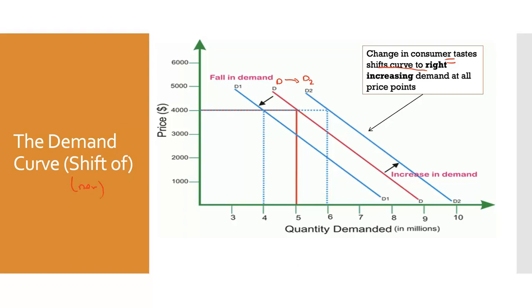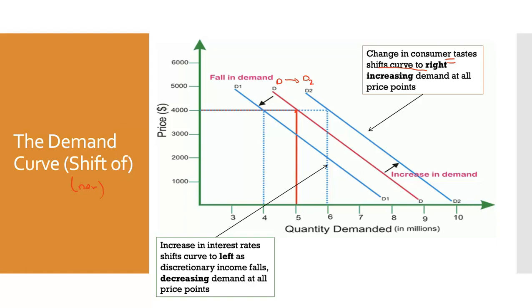So what does this mean? At the price point of $4,000, 5 million used to be demanded. Now 6 million is demanded. I have got more demand at the price of $4,000. An increase in interest rates, however, is a factor that could shift the demand curve left.